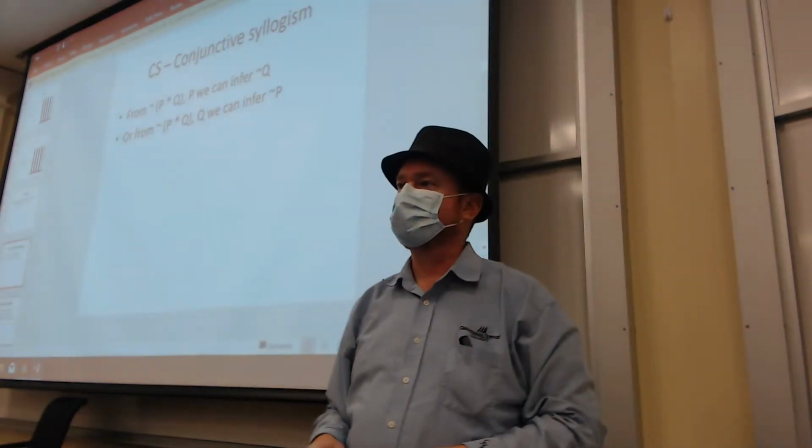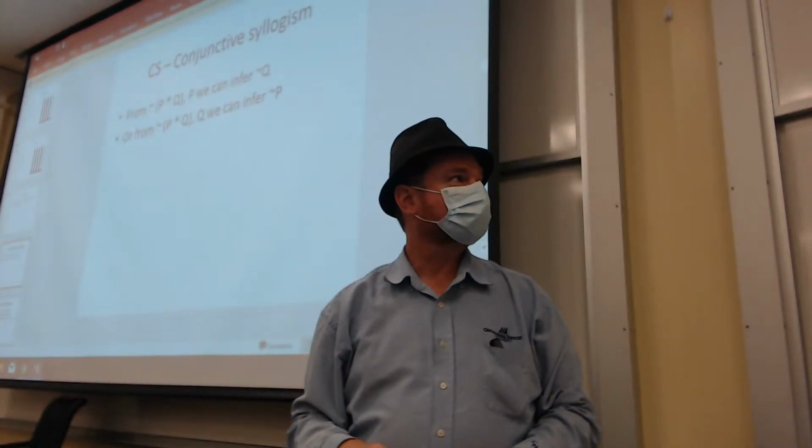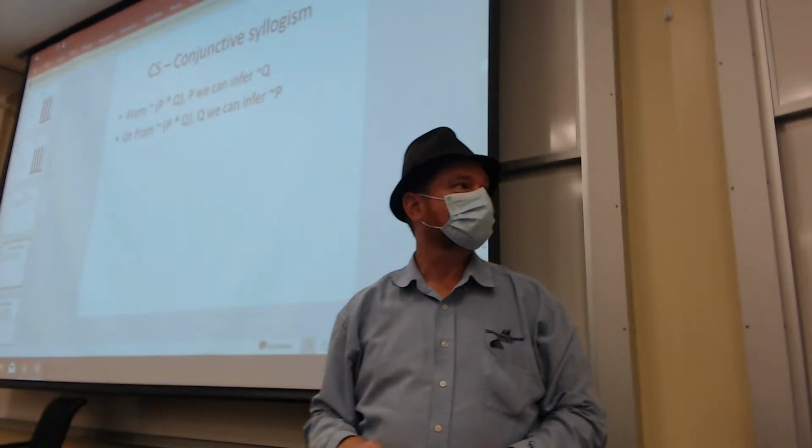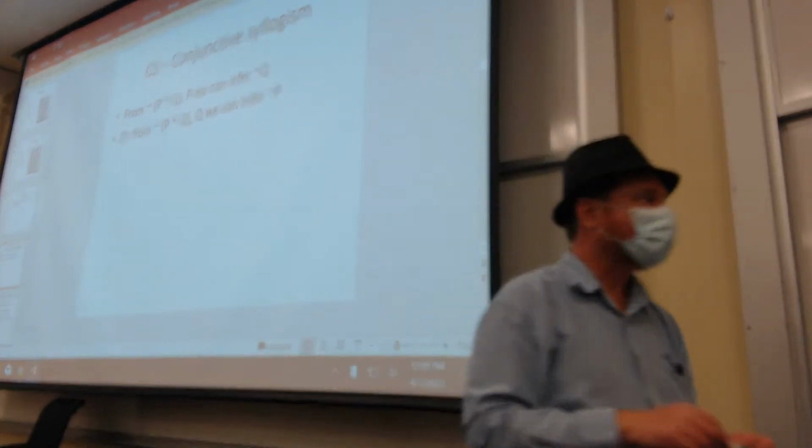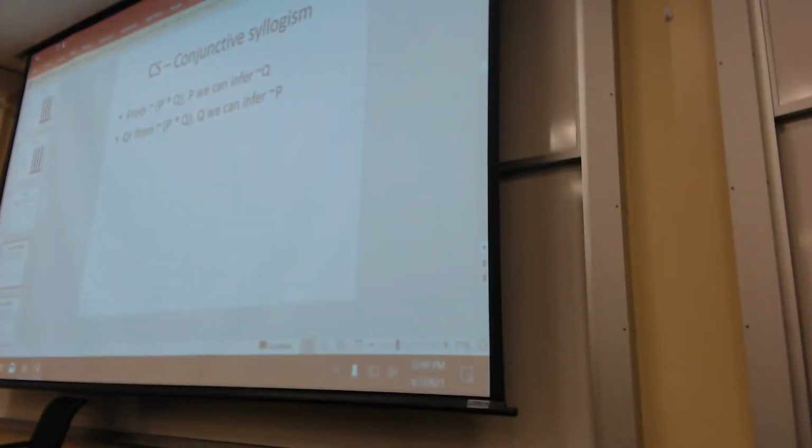Yes, ma'am. So in the third example, why was B presented before A, even though in the fourth one, the A is negated, but presented first? So why did I offer you that B? Because I want you to see that this works with either half. Because we won't always just work with the left half. You can work with the right half as well. So if I say you can't have both A and B, and I give you a B, and that's the whole problem, that's all you're going to get.